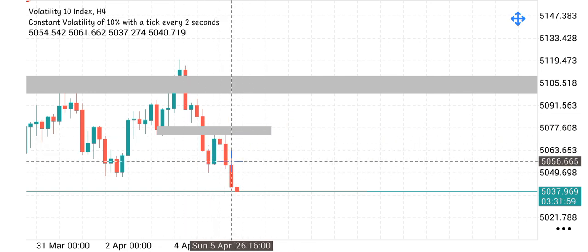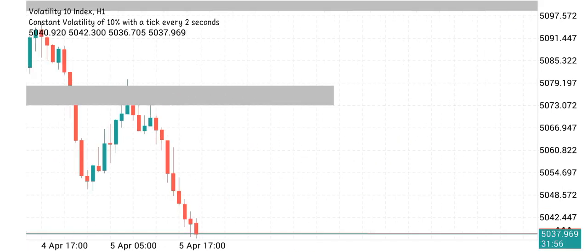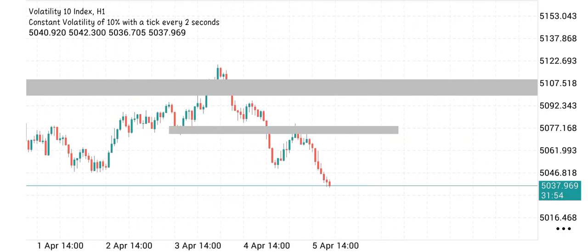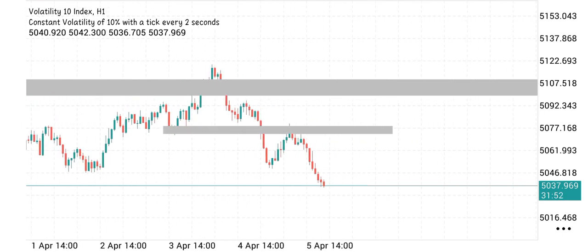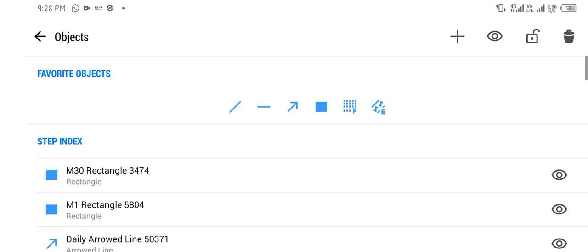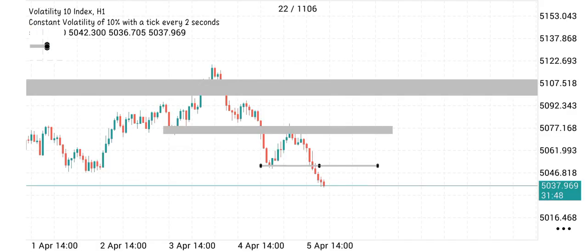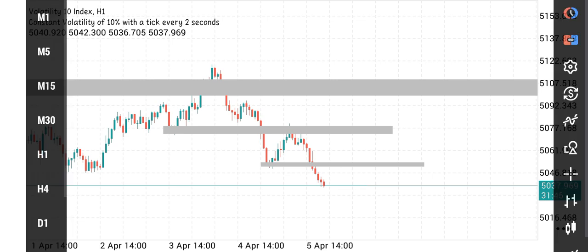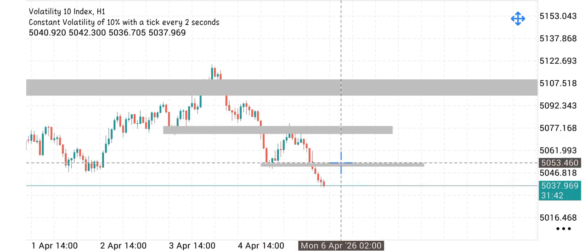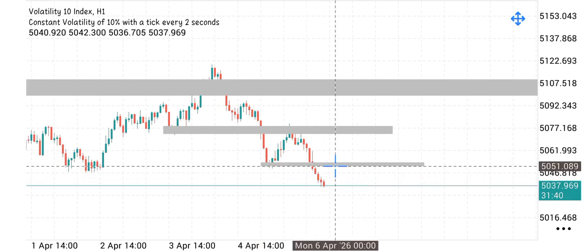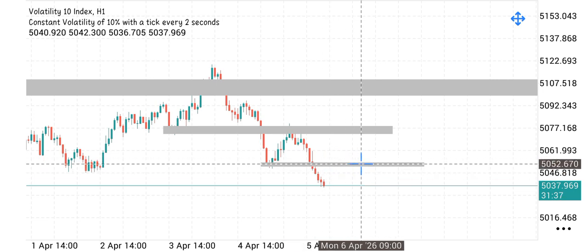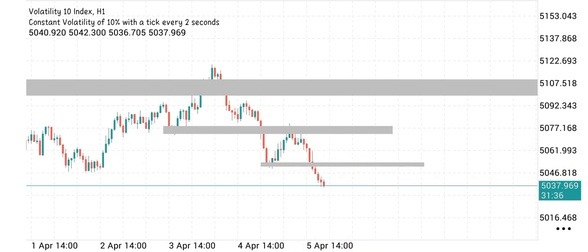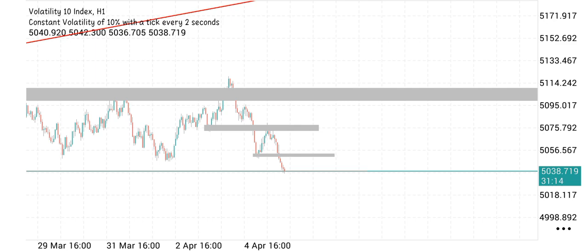So let's move to 1 hour to see what has actually happened. We have this area. I want to see the market coming back into this point. If the market can come back and retest this area, it simply means that we have another opportunity to sell.